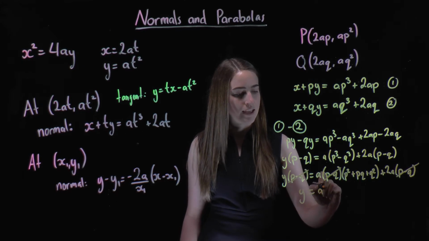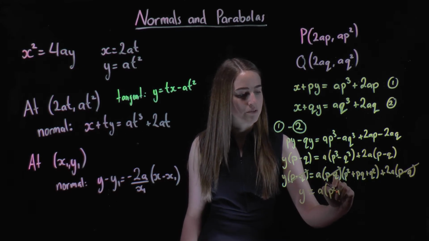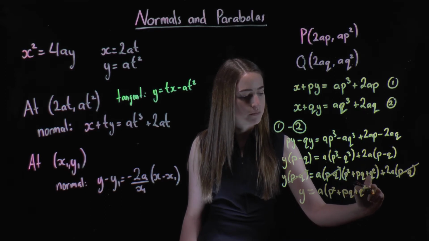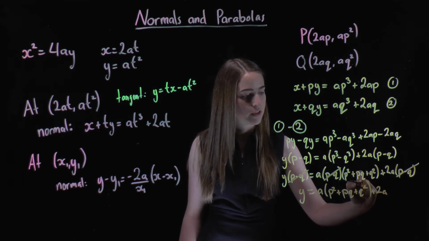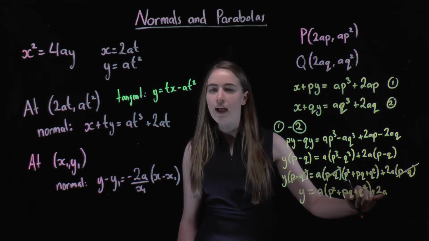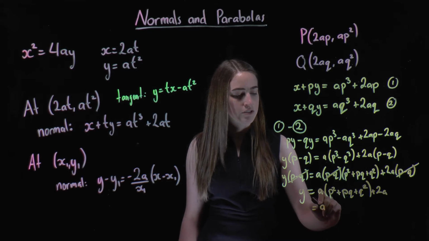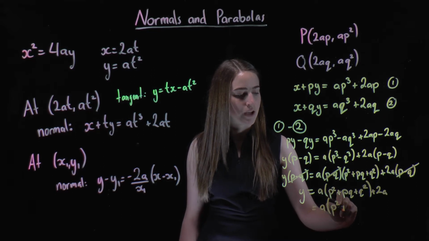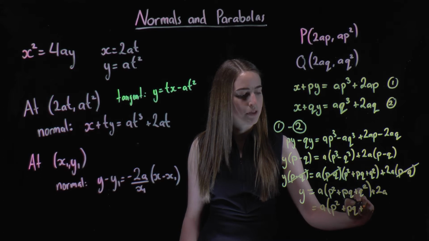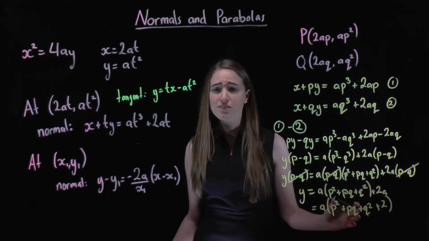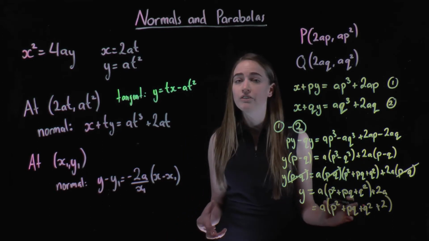So I'm going to have a outside of p squared plus pq plus q squared plus 2a. Now if I pull the a out of this term, I can put my 2 in my bracket as well. So I'm going to have a outside of p squared plus pq plus q squared plus 2. All right, so that's a bit gross, but that is my y-coordinate of the point of intersection.